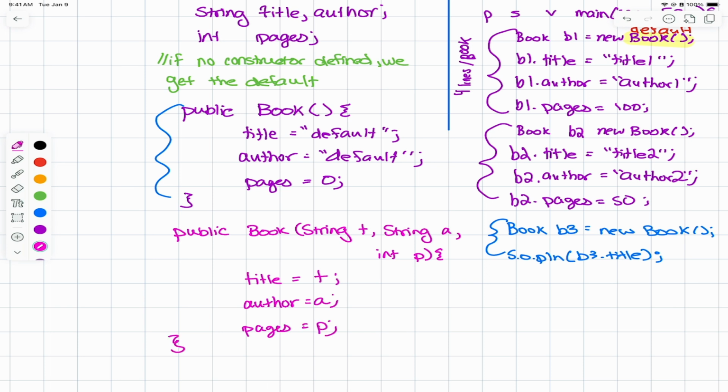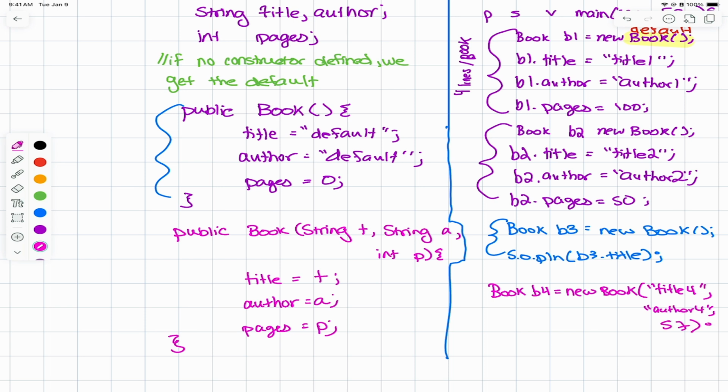And so now if we go back over to main, let me extend this a little, and we say book B4 equals a new book. In these brackets, we can actually put title 4, comma, author, comma, 57 page count.